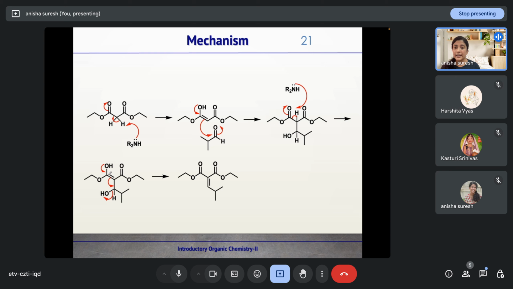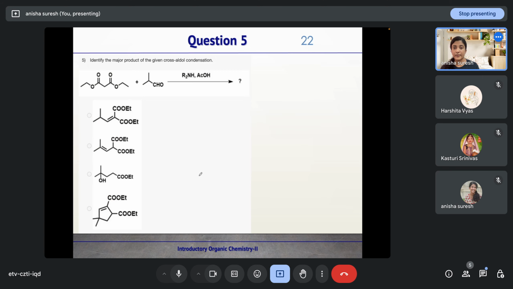Once it is falling back, this double bond will shift here, and this OH will be removed as water, leading to formation of this alpha beta unsaturated ester. So option A will be the right answer. Mechanism is clear, right?